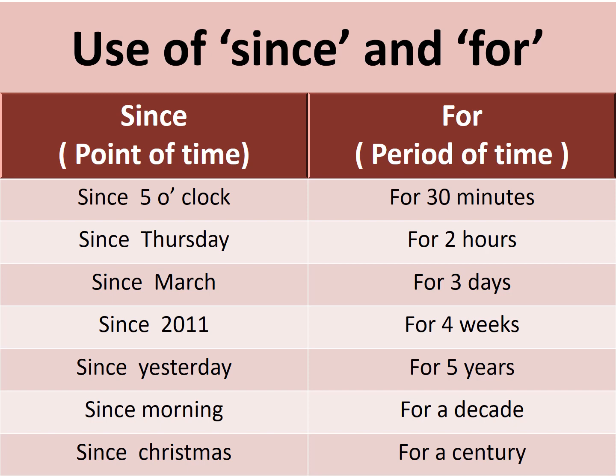And for is used when the action has been in progress for a period of time or duration. For example, for 30 minutes, for 2 hours, for 3 days, for 4 weeks, for 5 years, for a decade, for a century, and so on.